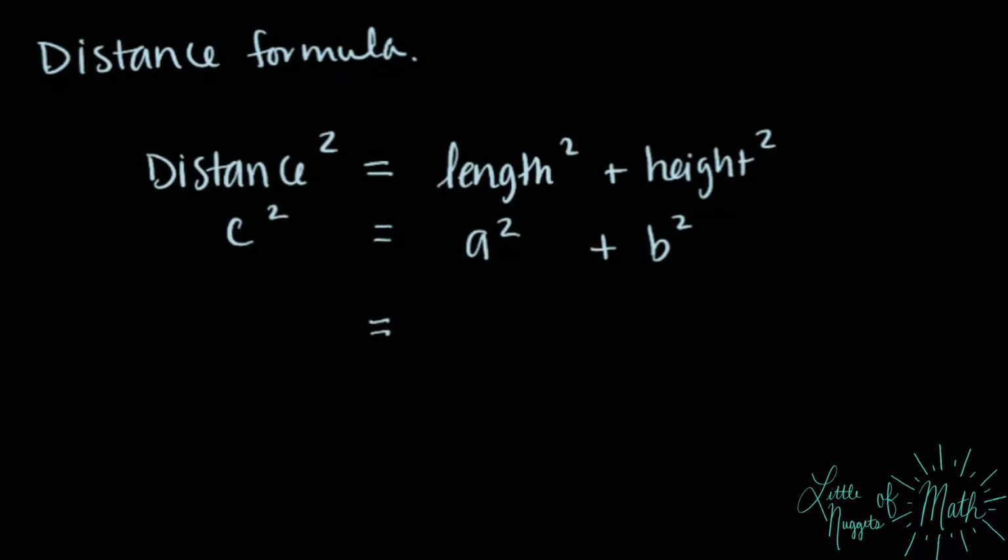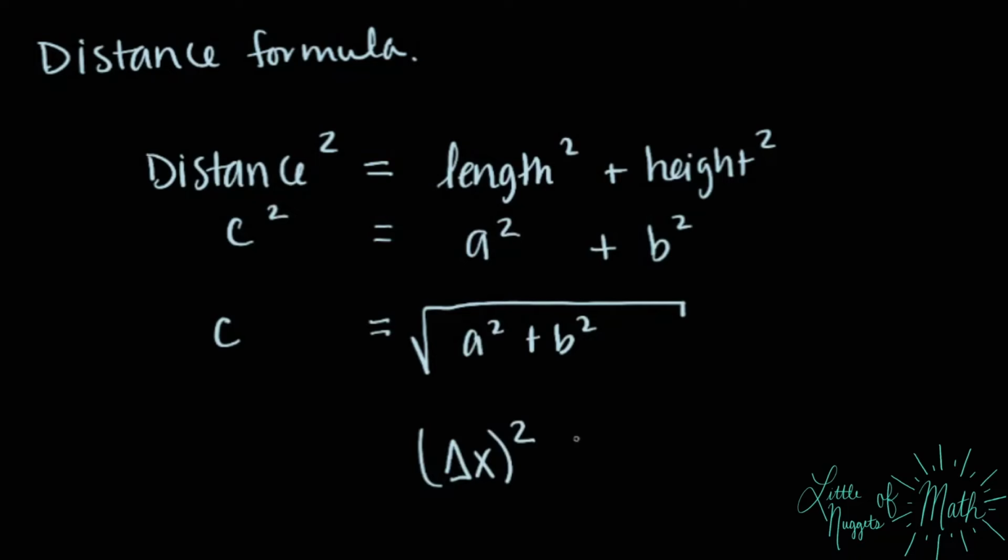We know that to solve for c, what we'll need to do is take the square root of a squared plus b squared. And really what we've been talking about today is that a is just your difference in your x coordinates, and b is just your difference in your y coordinates.